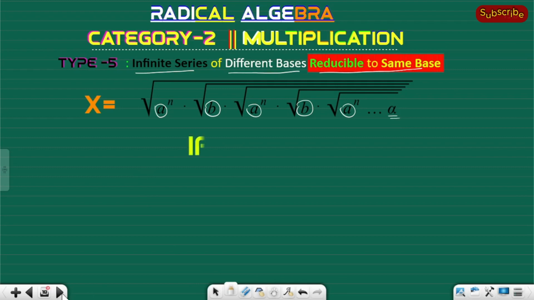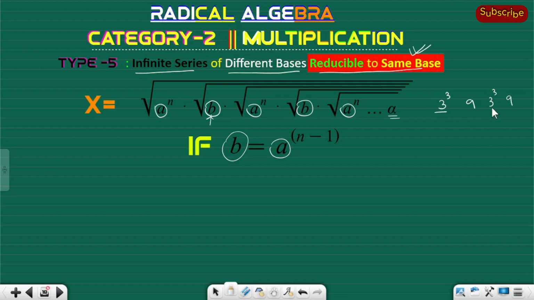If B is reducible to the same base, we have to reduce this B to A. If B is equal to A to the power n minus 1, for example 3 cubed, and here it is B, 9.